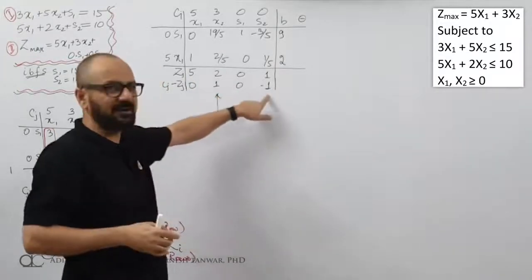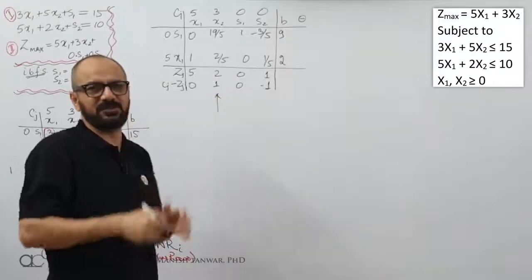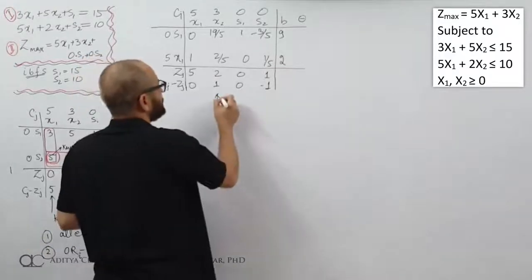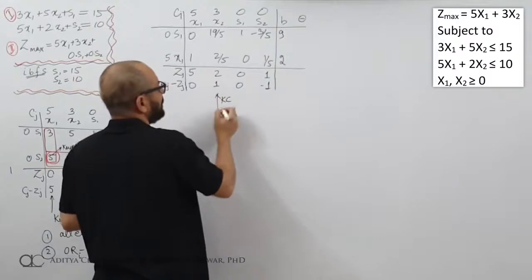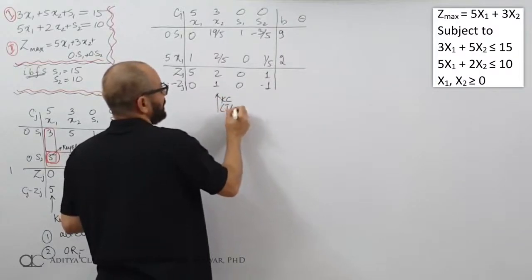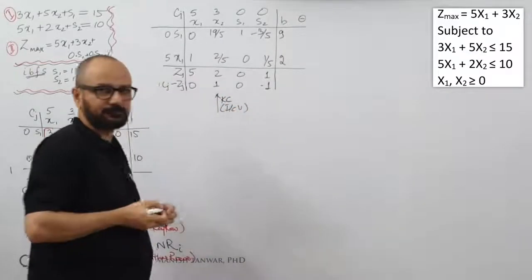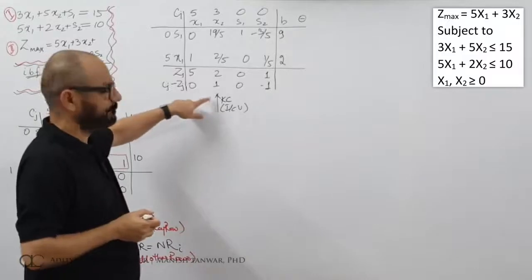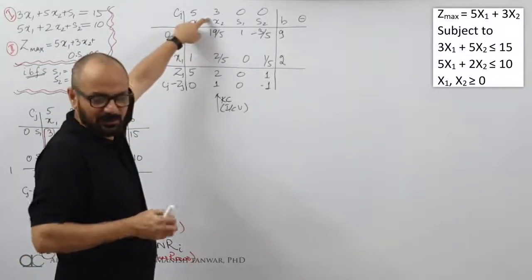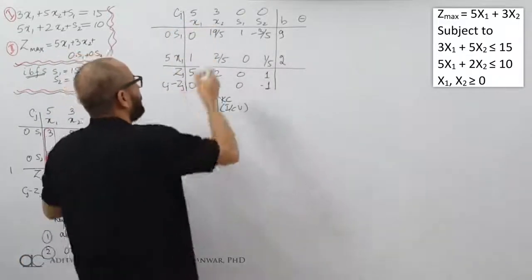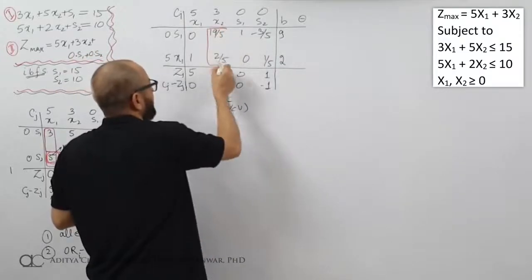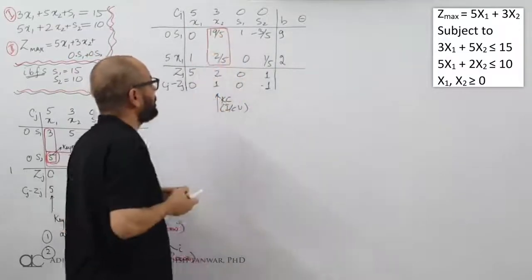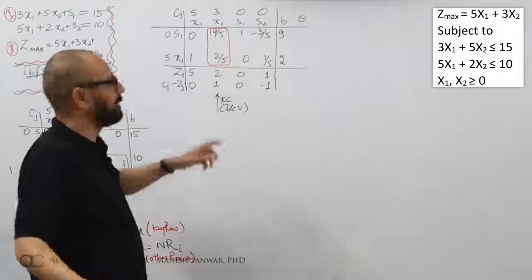No profit potential, negative profit potential, and this is the best positive profit potential. So this gives me my key column, or in other words, incoming variable. X2 is my incoming variable, this is my key column. So I have my key column, I have my incoming variable.